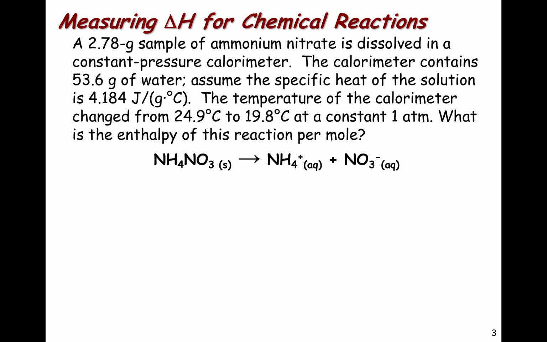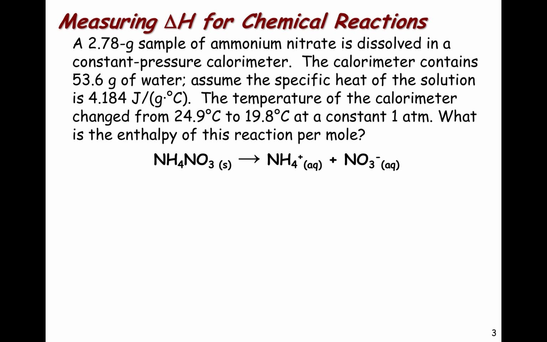The calorimeter contains 53.6 grams of water, and assume the specific heat of the solution is essentially the specific heat of water, which is 4.184 joules per gram degrees Celsius. The temperature of the calorimeter will change from 24.9 degrees Celsius to 19.8. So in other words, the temperature has gone down for the water. And this is an example then of an endothermic process.